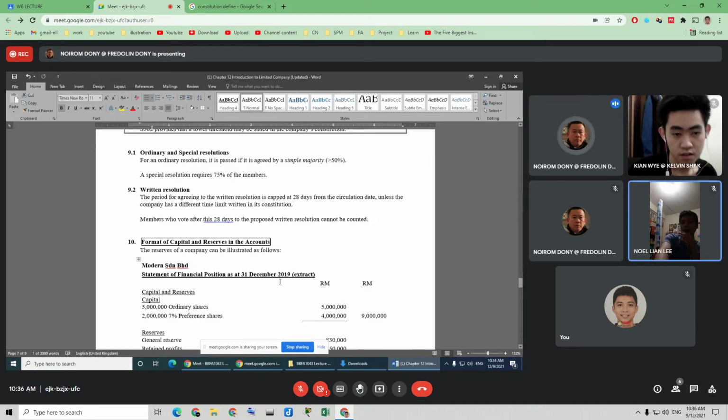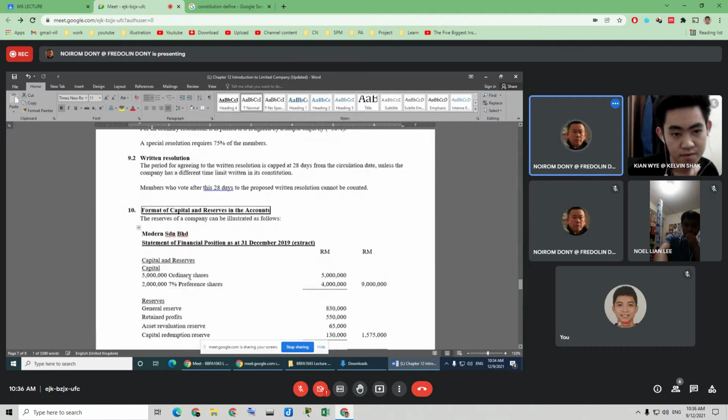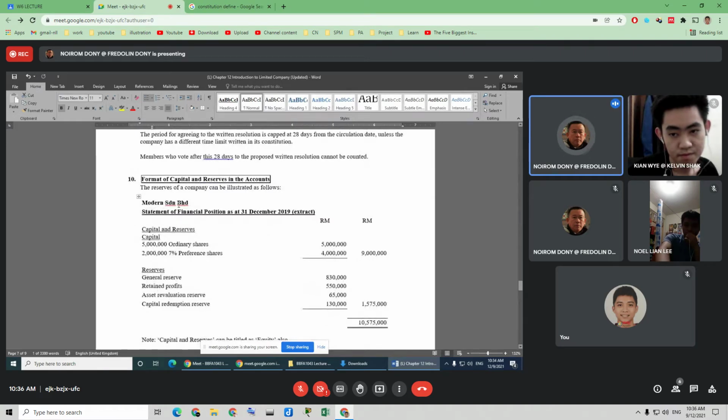Now we look at the format of capital and reserve in the account. We are referring to the statement of financial position, under capital. In the sole trader it is under capital. For a company it is slightly different. Let's say this is the company that we have, Modern Sdn Bhd, a private limited company.